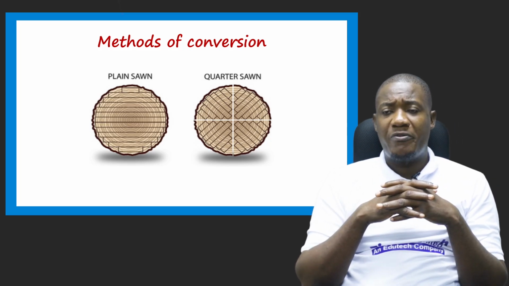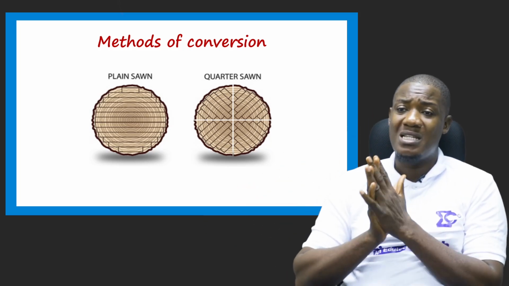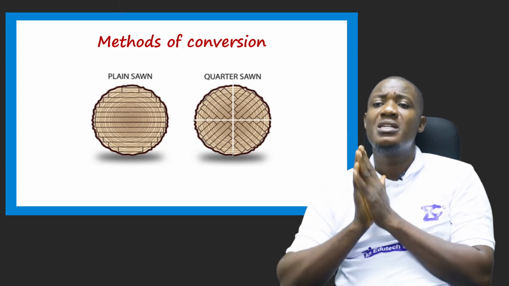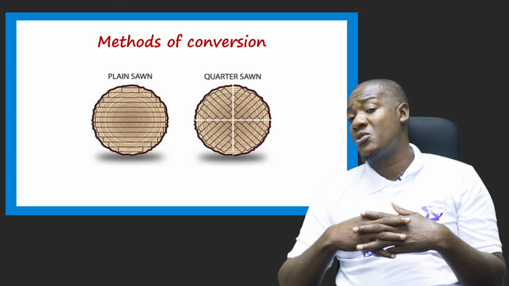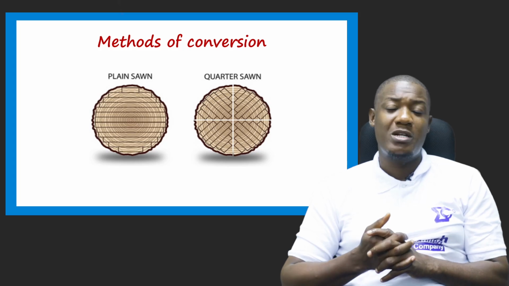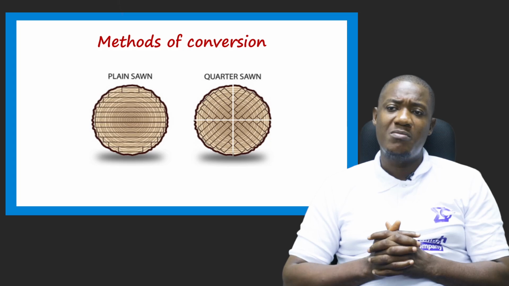But the quarter sawn method considers the grain of the timber. This is a way of converting the log by considering the grain. This way, the timber is first of all divided into four equal parts. That's where the name quarter sawn method came from. And they are sawn along the grain of the timber.